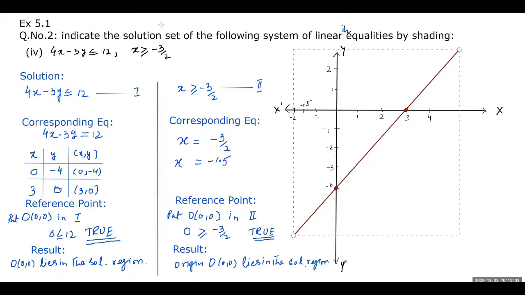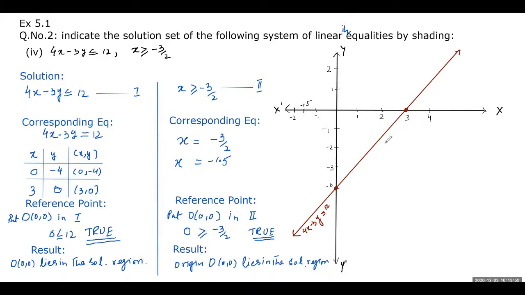Now I will put arrowheads on it. I will write the equation with it. The equation is 4x minus 3y is equal to 12. This is the equation of the line. And now I will put an arrow which will show which side of this line.